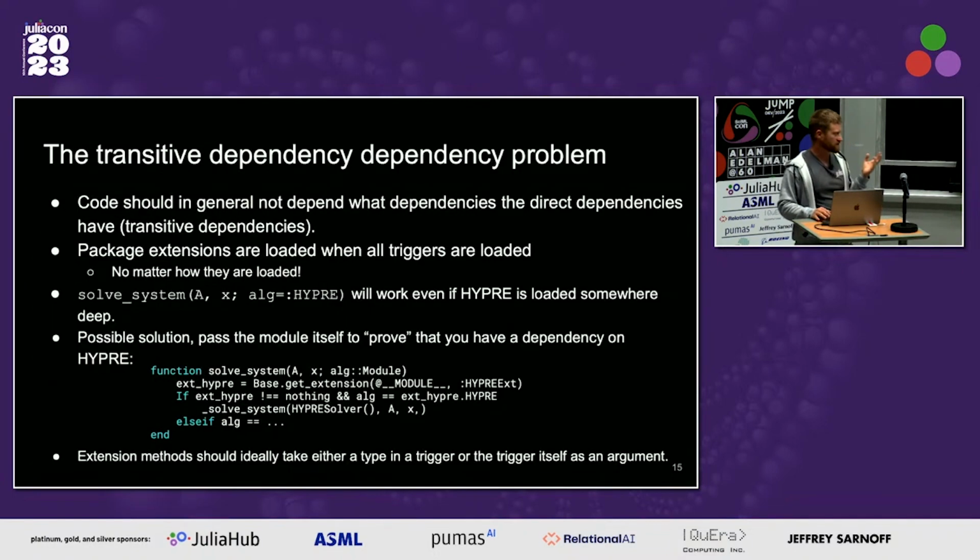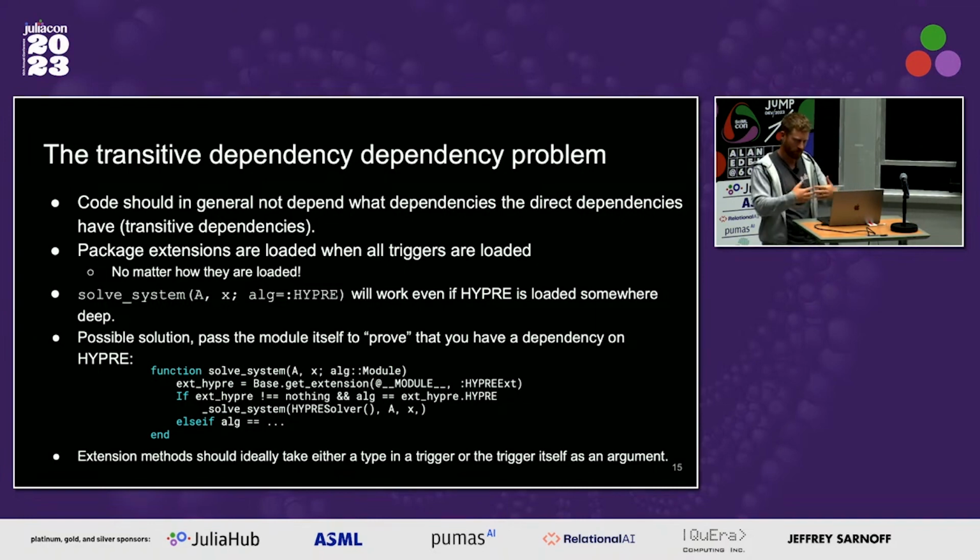There's one issue with this type of code, which I call the transitive dependency problem. And that is that your code should in general not depend on what dependencies your direct dependencies have. So if I'm depending on Plots, and Plots is depending on LaTeXStrings, I shouldn't really depend on the fact that Plots depends on LaTeXStrings.